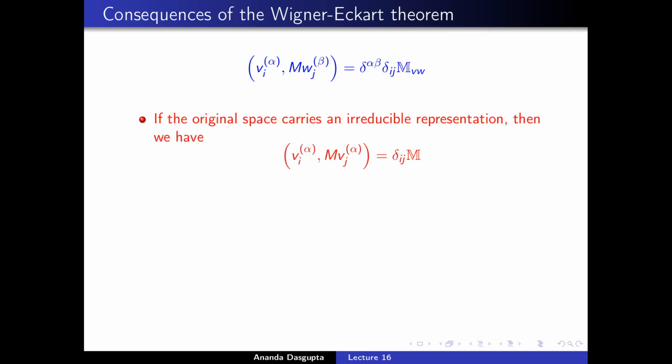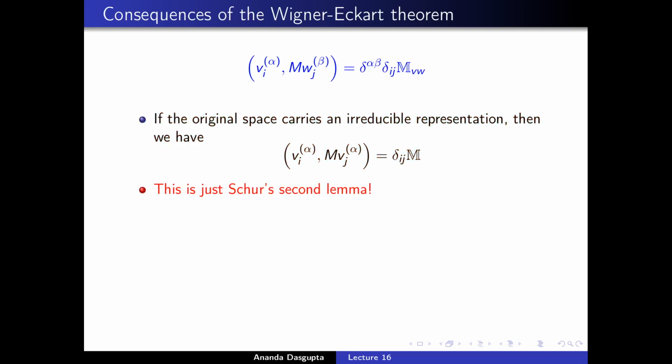So, what we really have is, in this particular scenario, the matrix for M is really a multiple of the identity, delta Ij, just the number M times the identity matrix. Now, this should not come as a surprise because this is nothing but simply Schur's second lemma.